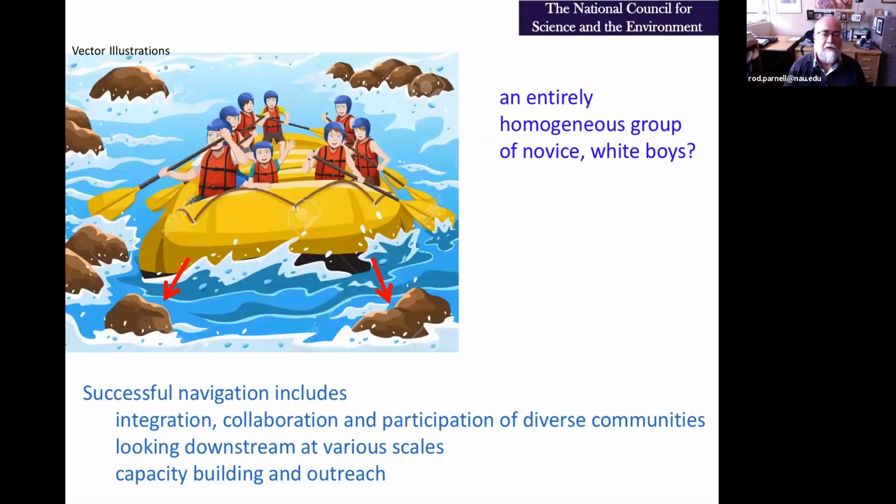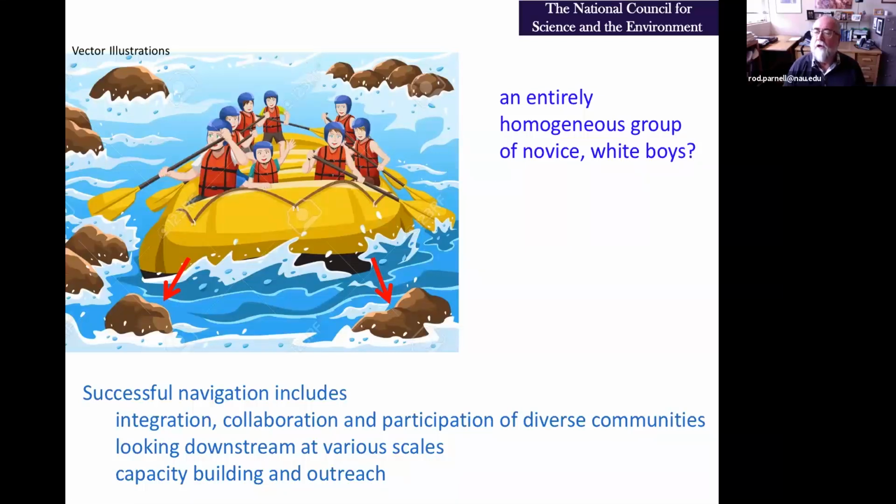It turns out that successful navigation in whitewater and anything else includes the integration and collaboration and participation of diverse communities to be able to bring in those perspectives. It also involves looking downstream at various scales, temporal and spatial, and also trying to build capacity and outreach in order to better understand the setting in which you're working.